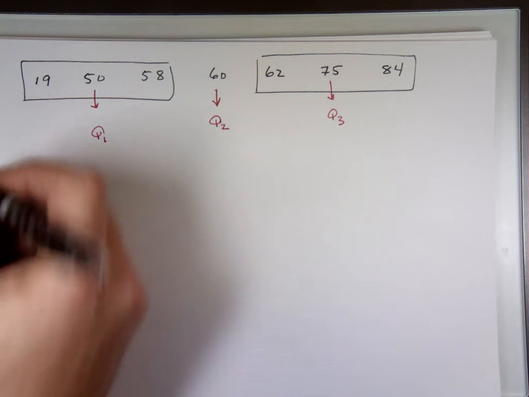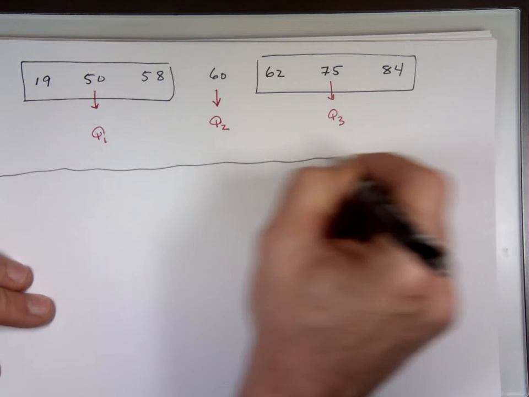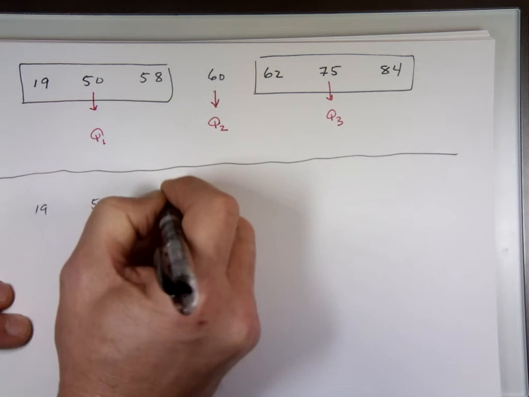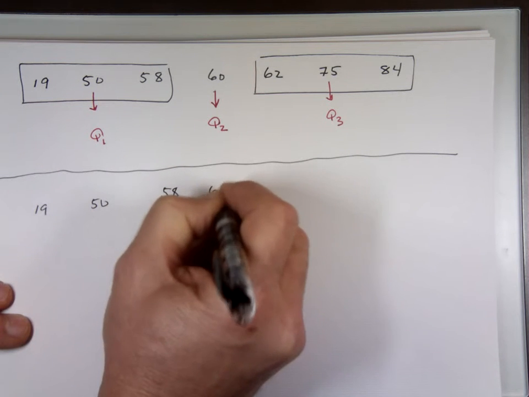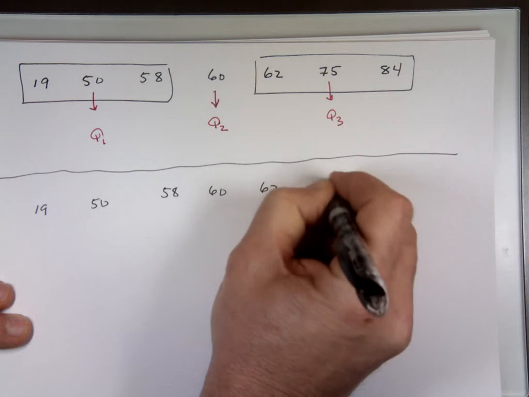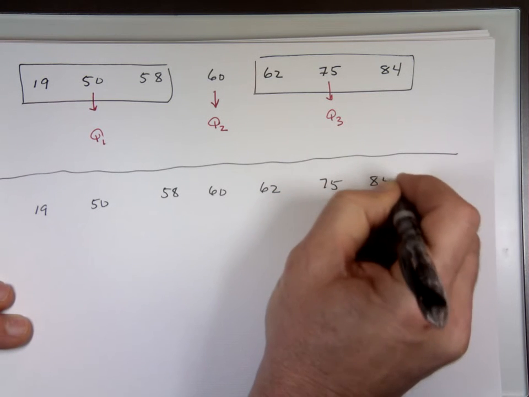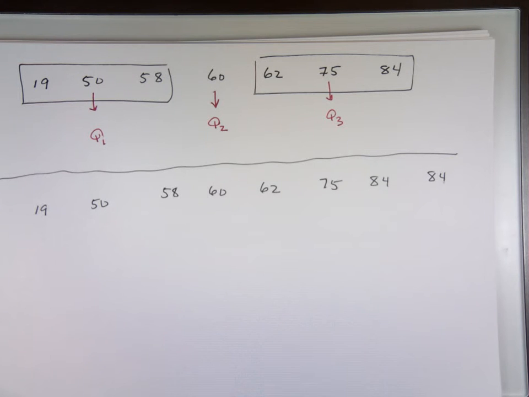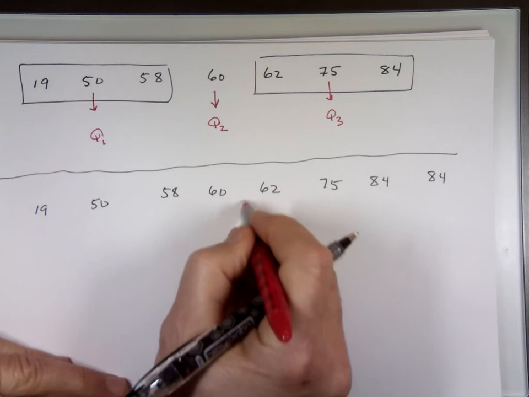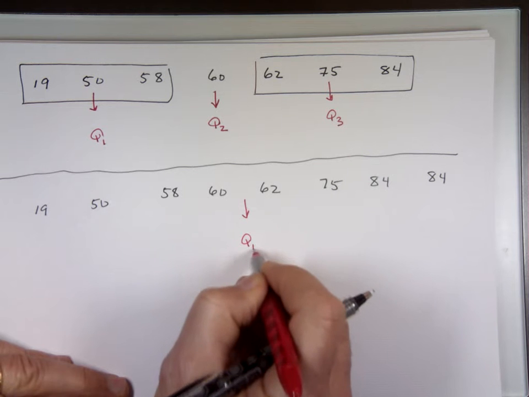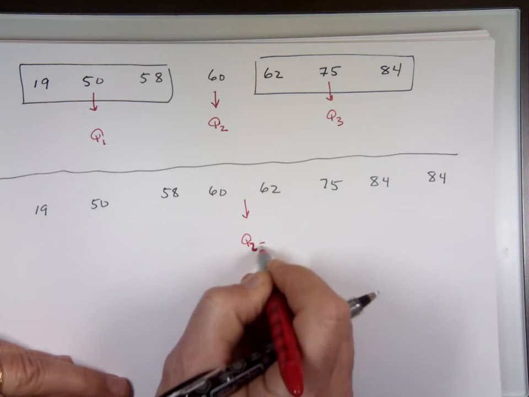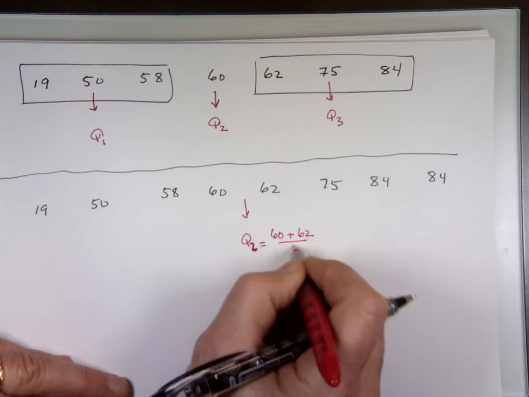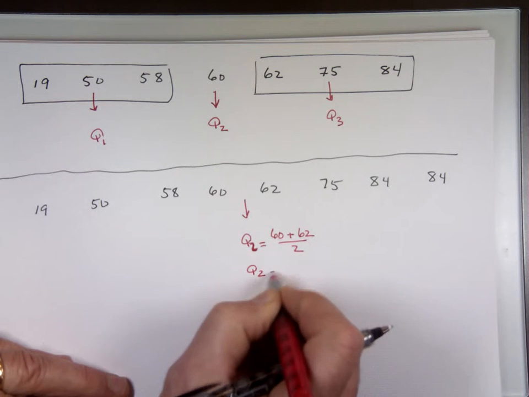Now, in the second example, when Timmy came back and took the test, my scores were even. So we found Q2, which is the median, 60 plus 62 divided by 2, and we said Q2 is equal to what? 61.